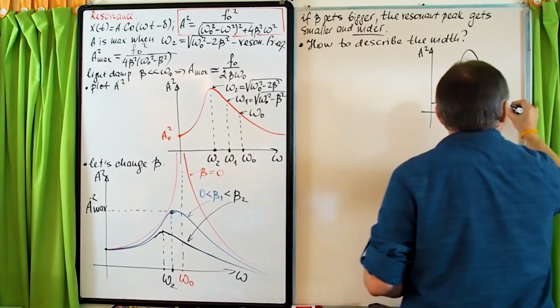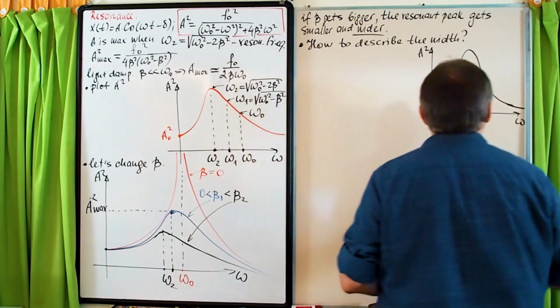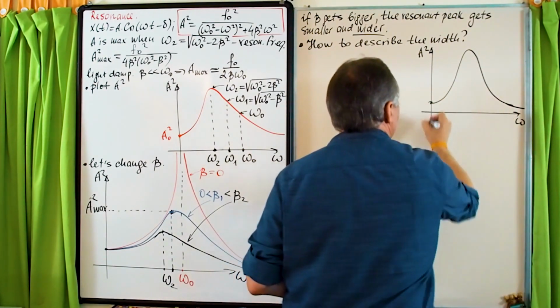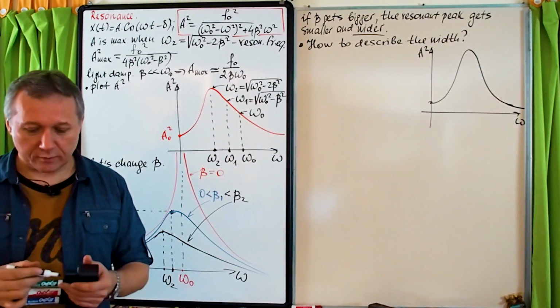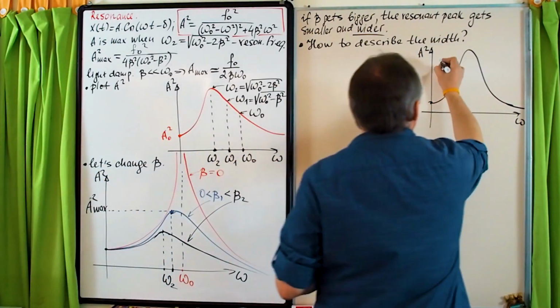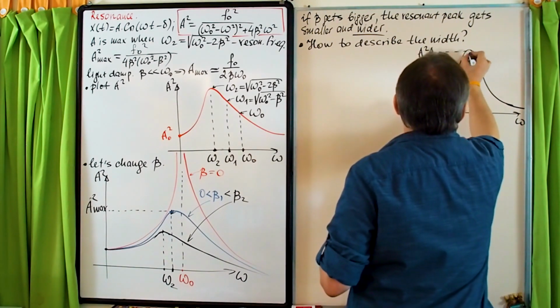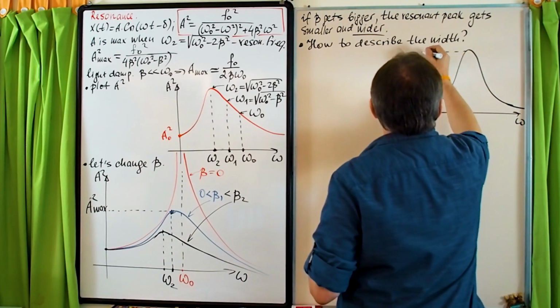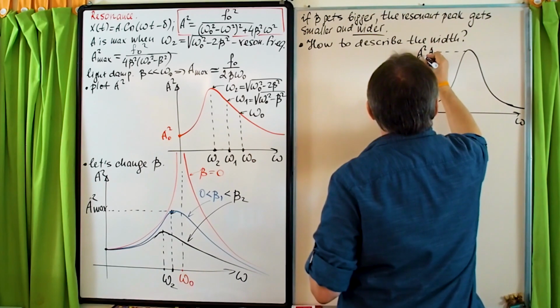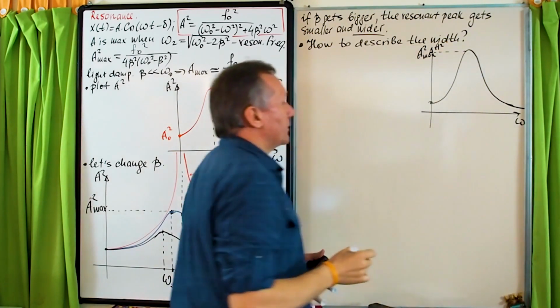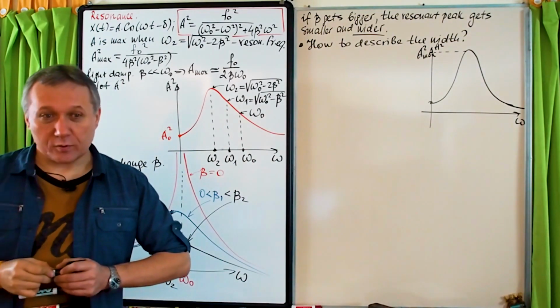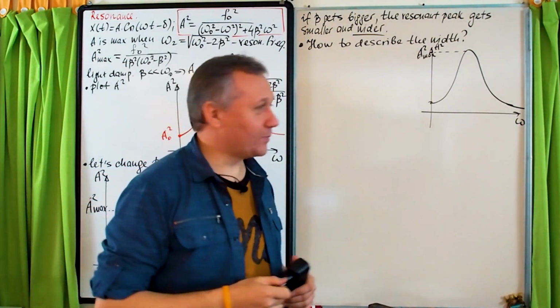It goes to 0 over there, but here it's a finite value. So how can we, for example, measure the width of this curve? Let me here write A max, and here A squared.